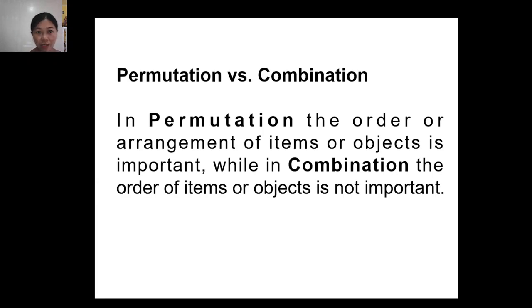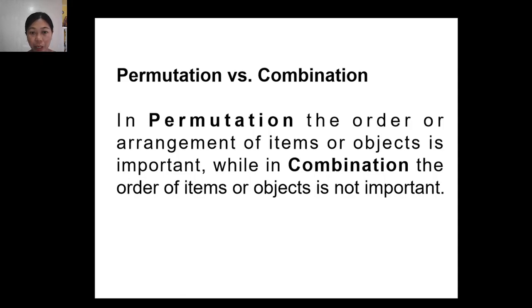Okay. So, let us first differentiate permutation versus combination. In permutation, the order or arrangement of items or objects is important, while in combination, the order of items or objects is not important. So, malinaw na sinabi dito ang pagkakaiba ng permutation at combination.